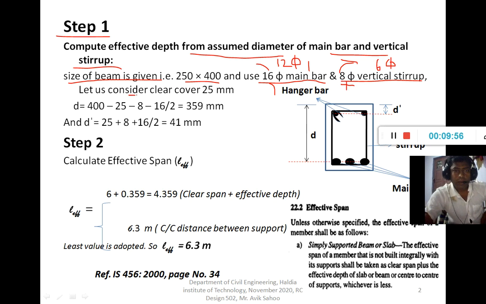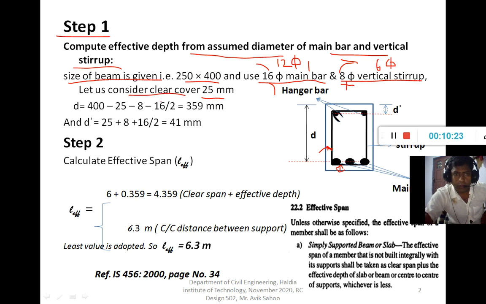Also we consider clear cover, that is 25 mm. The clear cover means this distance measured from the face of the reinforcement to the exposed surface. This height is called clear cover, similarly this one is also clear cover.